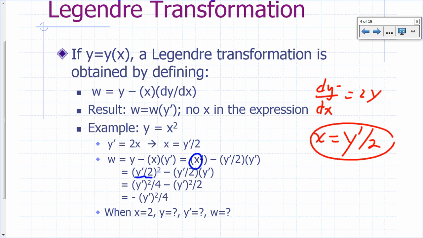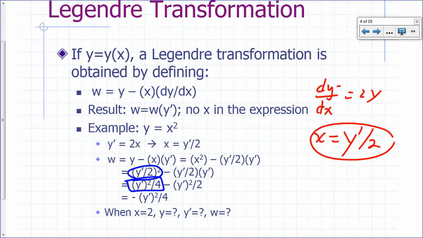And what do I end up with? I end up with y prime over 2 squared, that's your x squared, minus y prime over 2 times y prime. So that becomes what? y prime over 2 squared is y prime squared divided by 4.